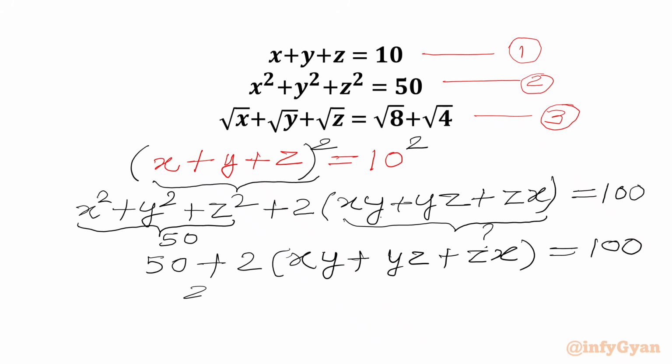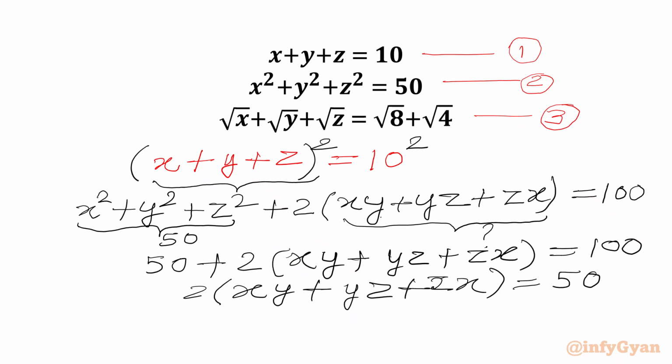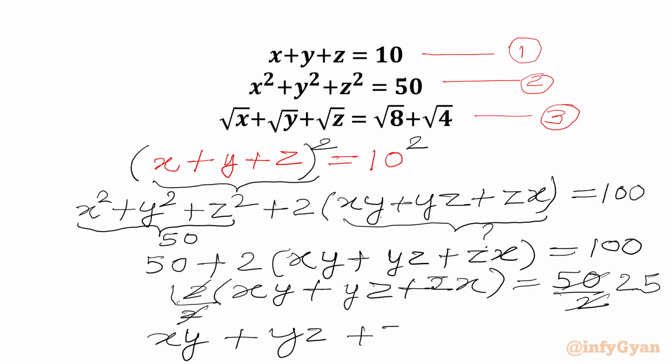We will get 2 times (xy plus yz plus zx) equal to 100 minus 50, so we will write 50 over here. Now we have to divide by 2 both sides. 2 over 2 will become 1 and 50 over 2 will become 25. So we have our equation number 4: xy plus yz plus zx equal to 25. Equation number 4.